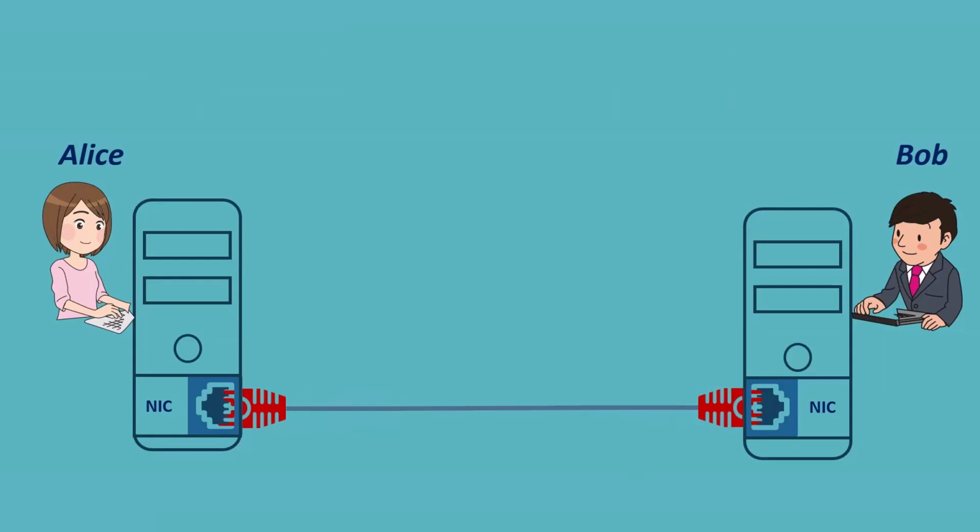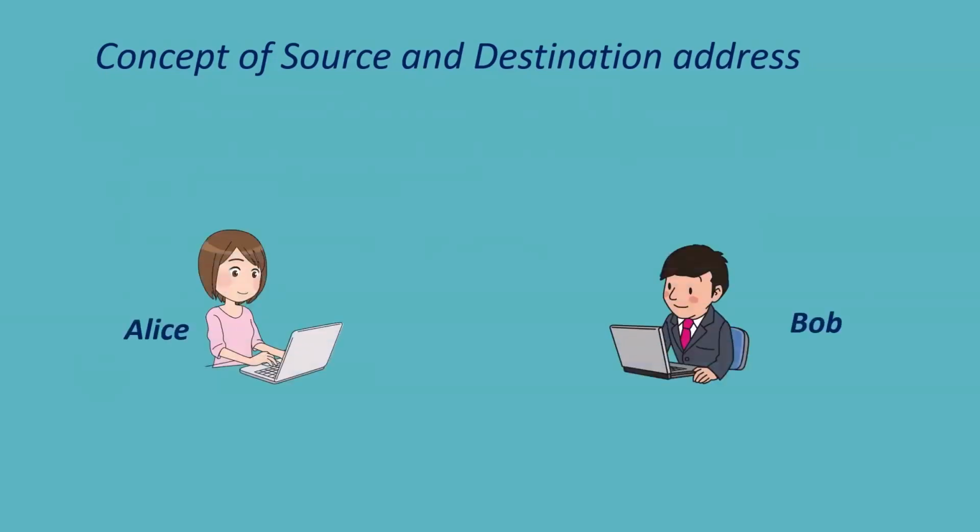Now let's move on to the concept of addresses. Before we go into the concept of how source and destination addresses are used in computer networks, we would draw an analogy of how a letter is transported from one person to another.